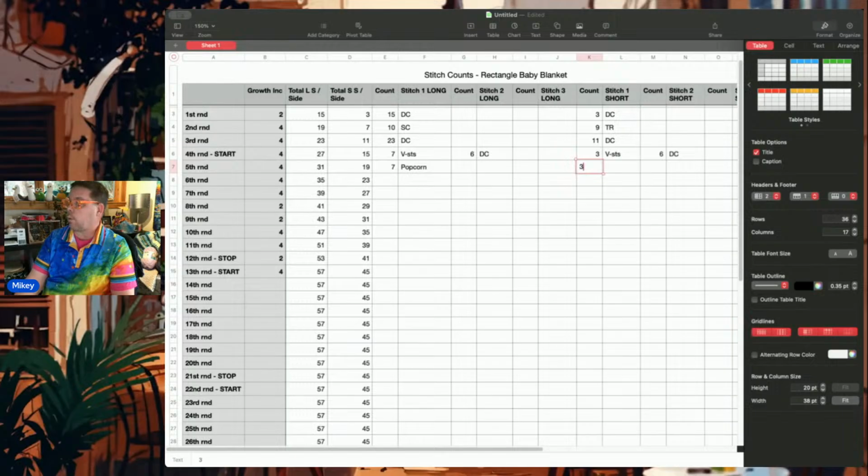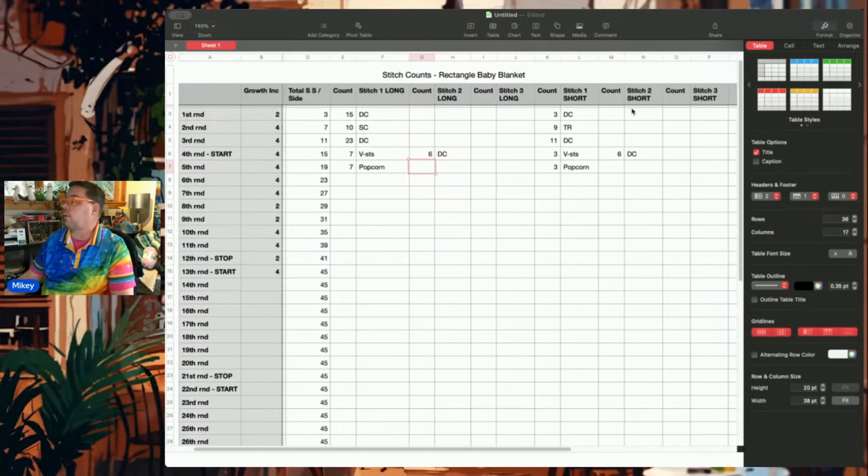We have 3 popcorn. It's the same number. And then I'm looking at how I did it. There's an actual extra, there's a 3rd count in there.